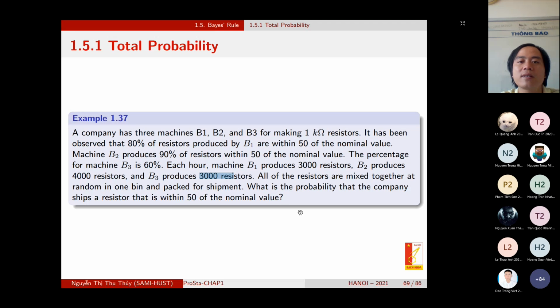So now we ask, what is the probability that the company ships a resistor that can pass the test? We can say that within 15 of the nominal value.